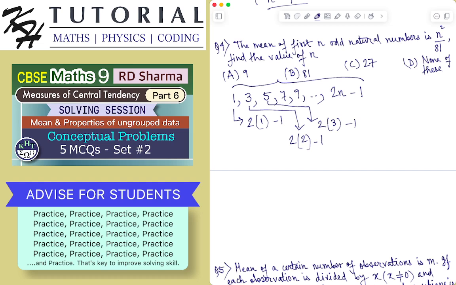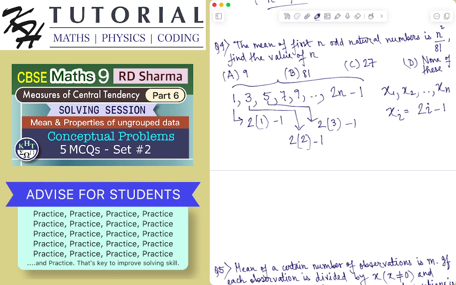This is the formula of the nth odd natural number. So if I consider the first n odd natural numbers to be represented as x1, x2, up to xn, then what will be xi? That is the ith odd natural number will obviously be 2i minus 1.